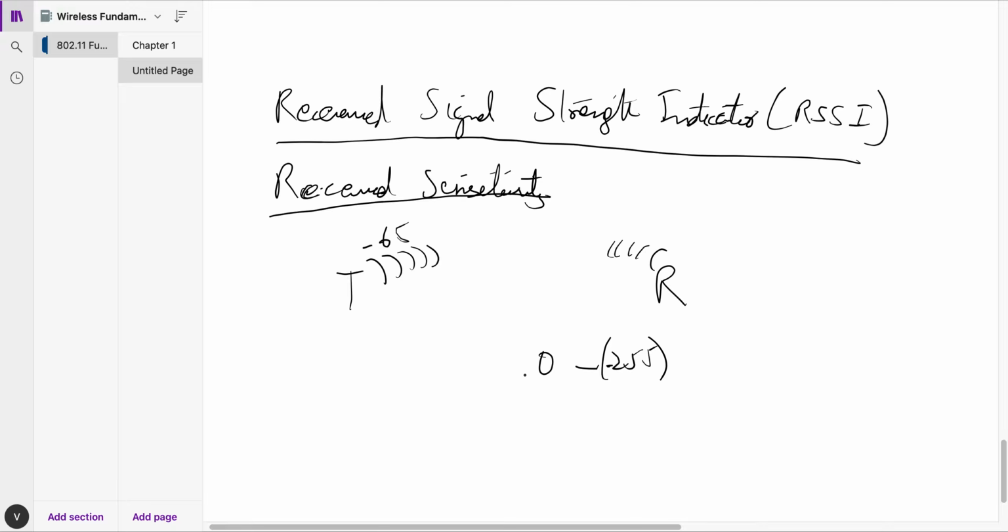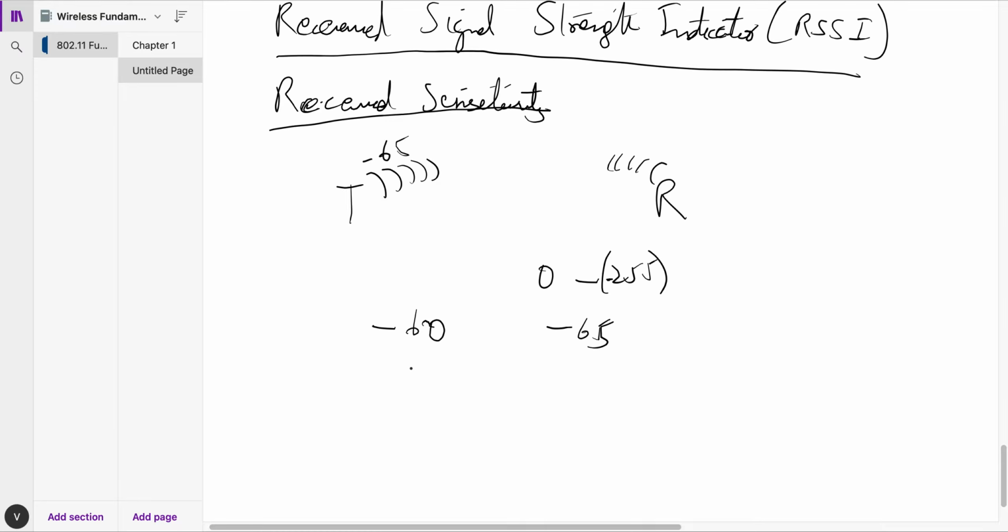Okay. So since it's in negative, minus 60 is going to be better than minus 65, of course, since it is in the negative. So we say minus 60 dBm is better than minus 65 dBm. Is that correct? Yes, it is correct. Okay.